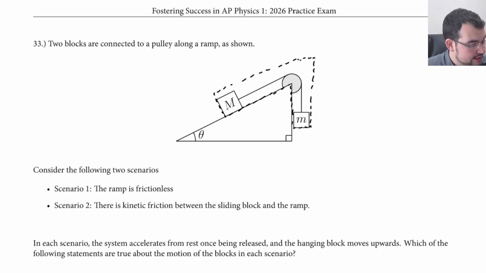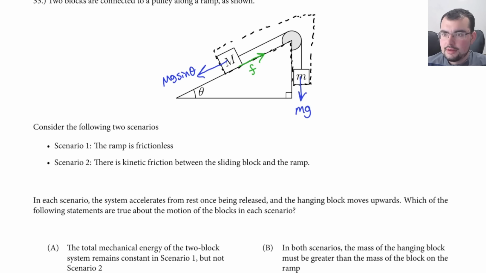So we see that the net external forces on this are going to be an mg from the hanging block, an mg sine theta from the sliding block, and then since there is friction, a friction force from the plane in scenario 2 at least.